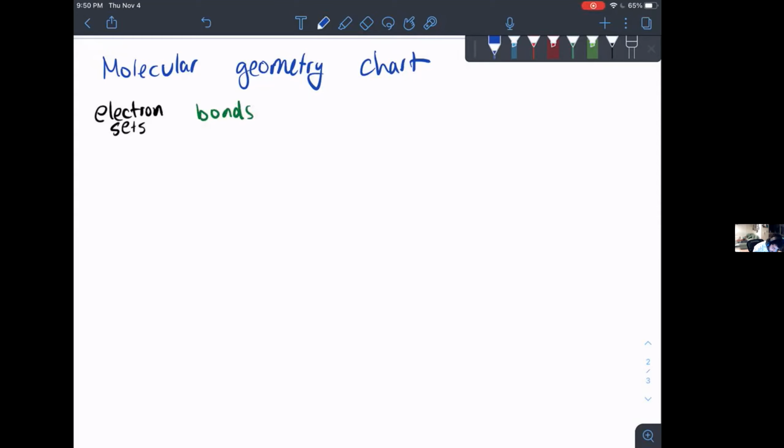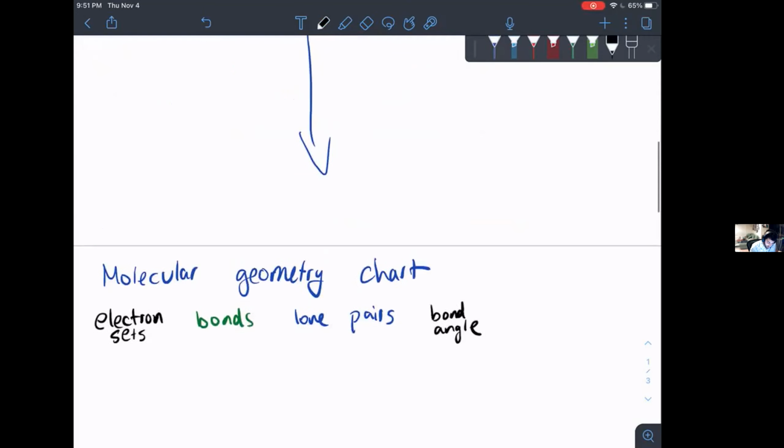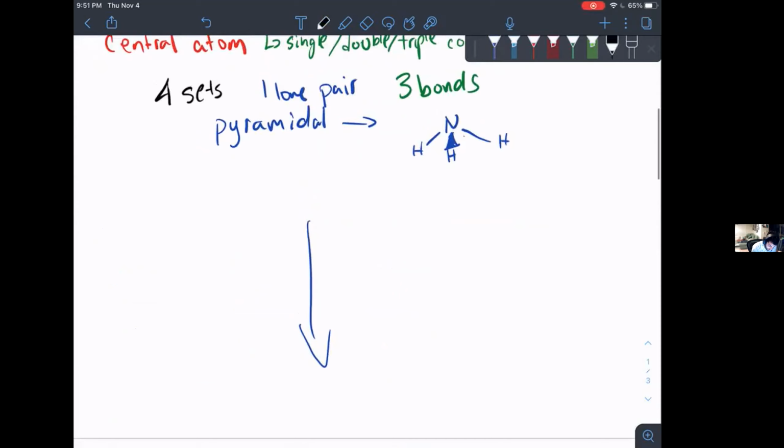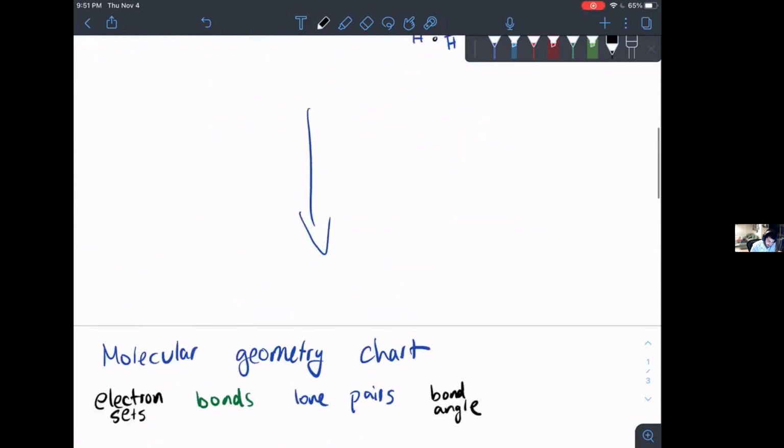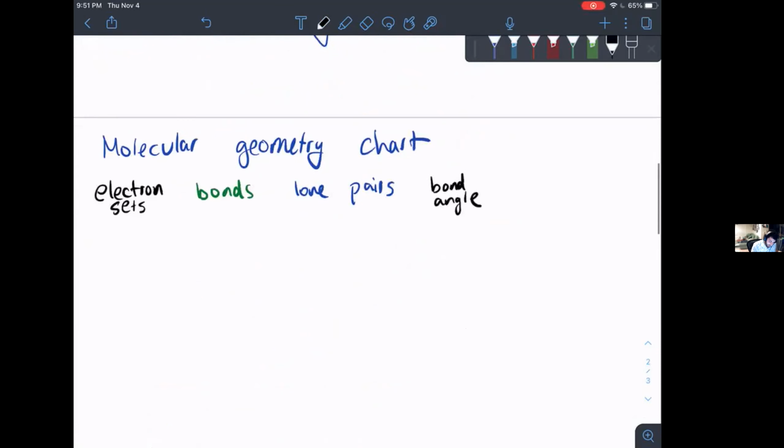And then we're going to look at the number of lone pairs. Something else that's always good to know is the bond angle, which is the angle between the 2 hydrogens in degrees, usually some angle. And then lastly, we're going to look at the name. Every shape has a name and we're going to learn them.